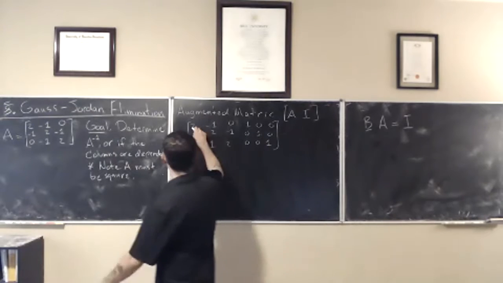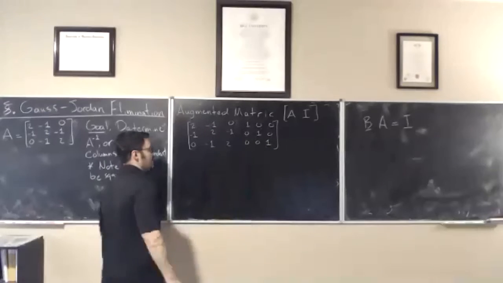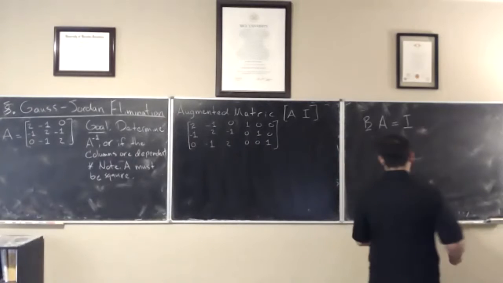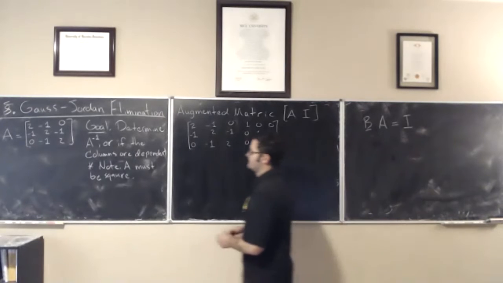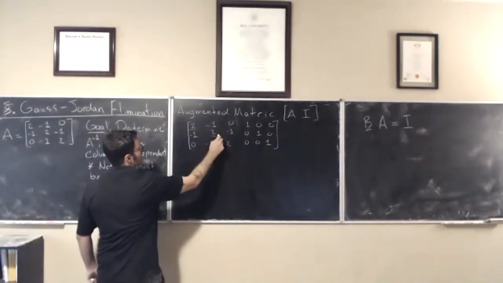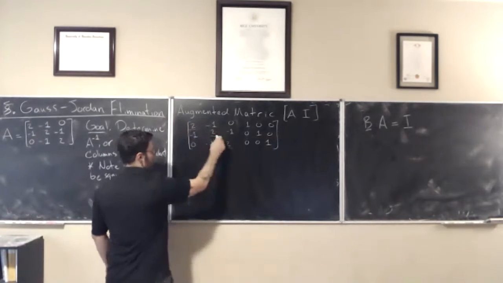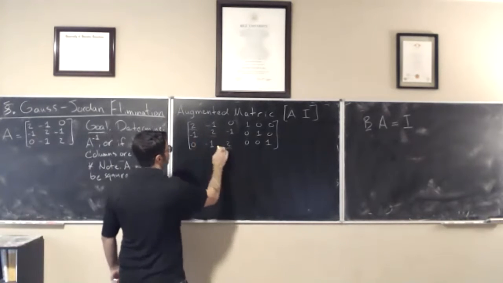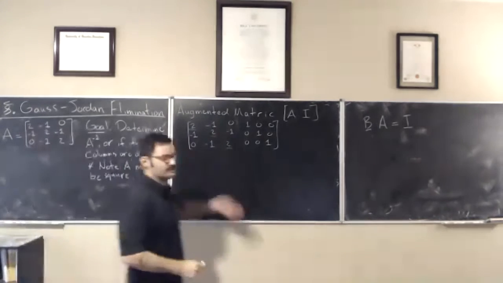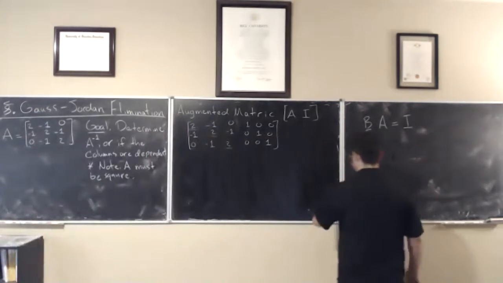The number of ones that we eventually get will be the number of pivots. Okay, so the pivots are in these entries on the diagonal. And our goal is to make those ones and everything else zeros below the pivots.